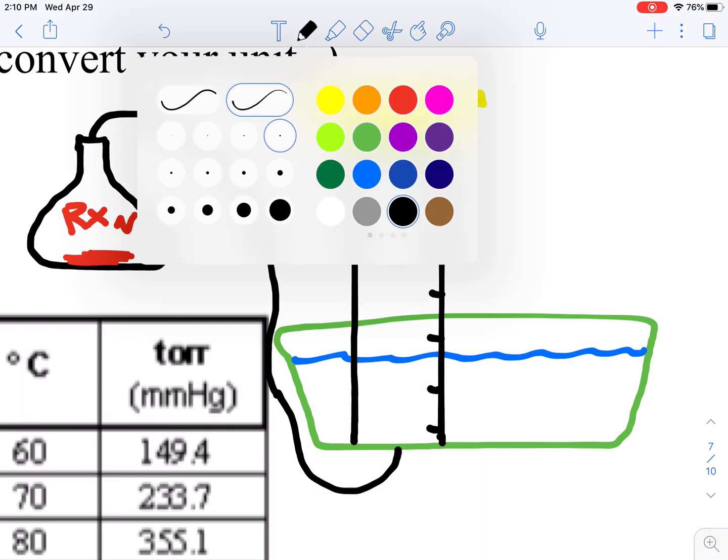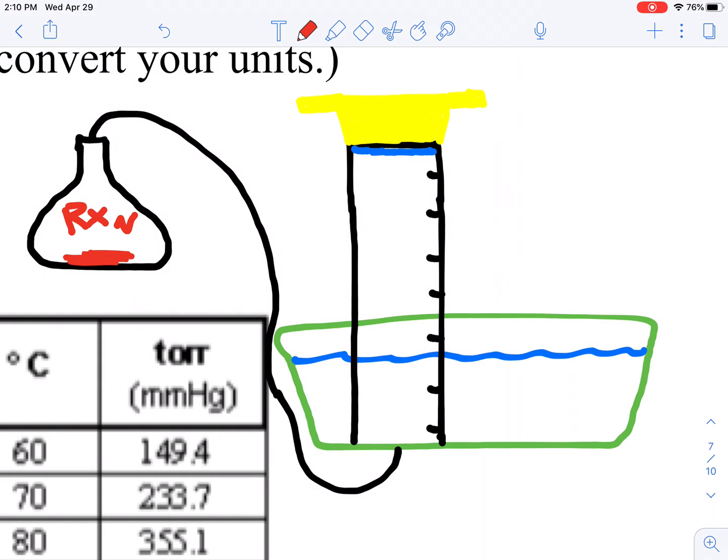So as the reaction proceeds and releases gas, the gas goes through the hose all the way down like so, and it starts to bubble in here. There's a little hole in the bottom of the trough that doesn't let water out, but it allows us to have gas go in. And so as the gas enters, gas is really, really light, right? Less dense than air. So the gas starts bubbling up to the top of this graduated cylinder.